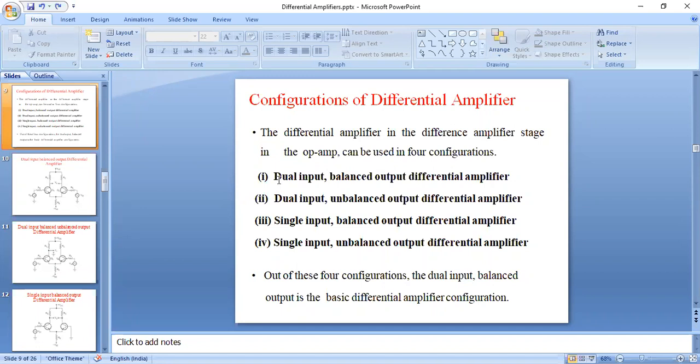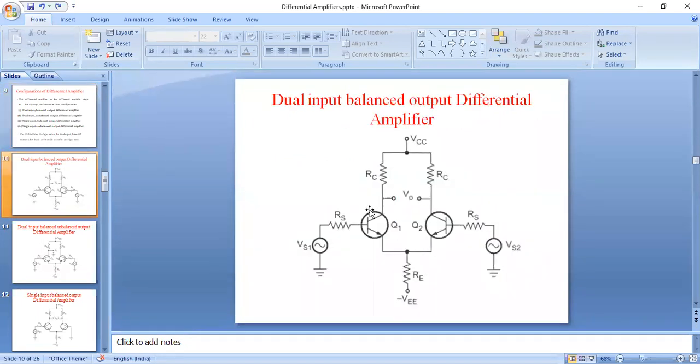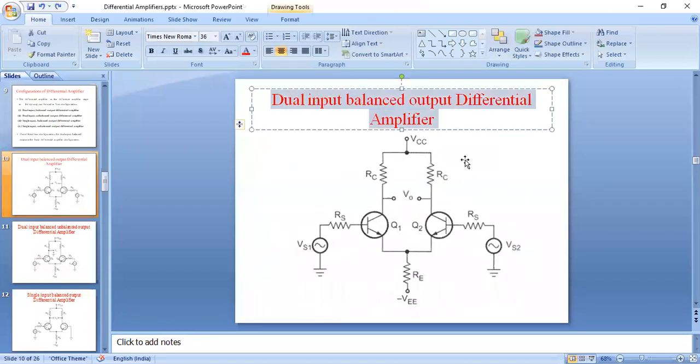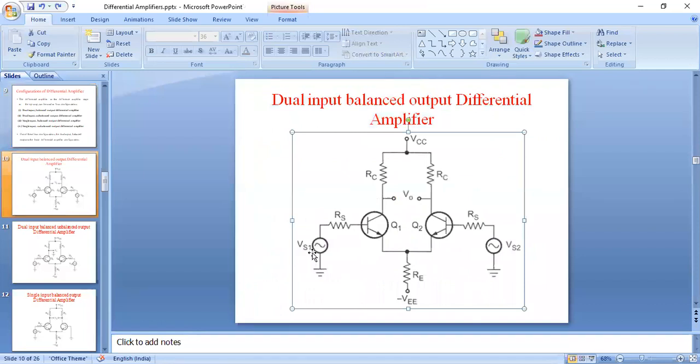First one, dual input balanced output differential amplifier. Here I am applying two inputs VS1 and VS2, dual input. I am taking the output between two collectors, collector of Q1 and collector of Q2. That's why it's called balanced output.